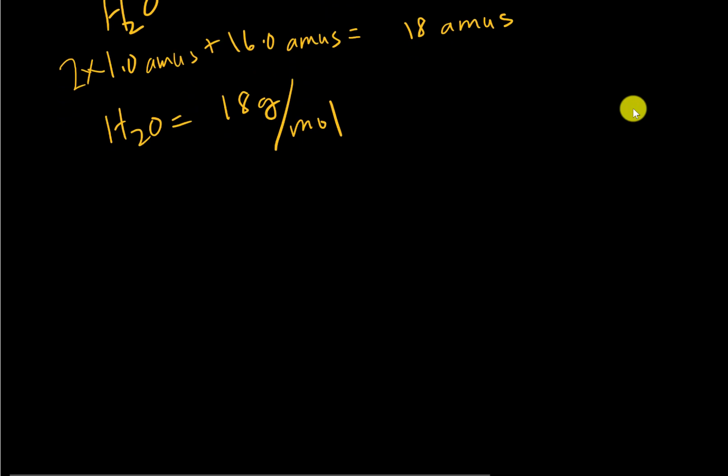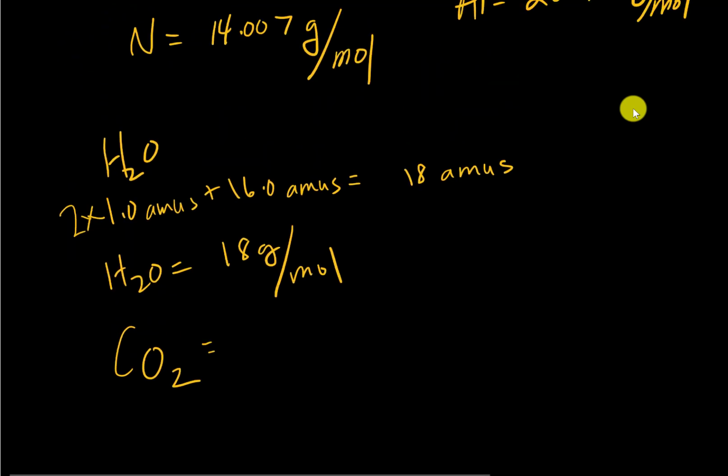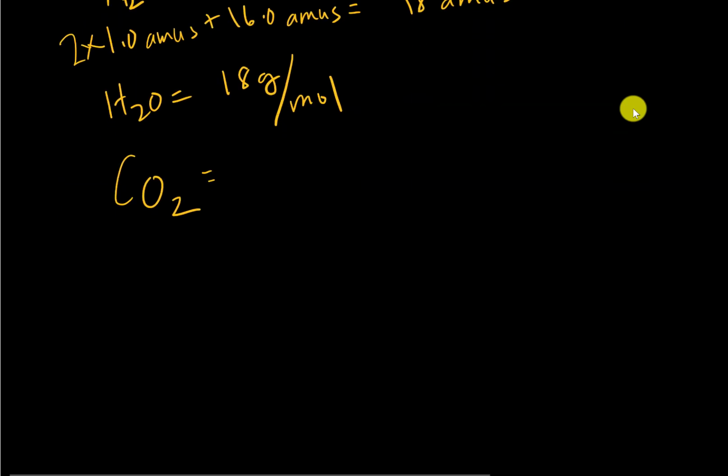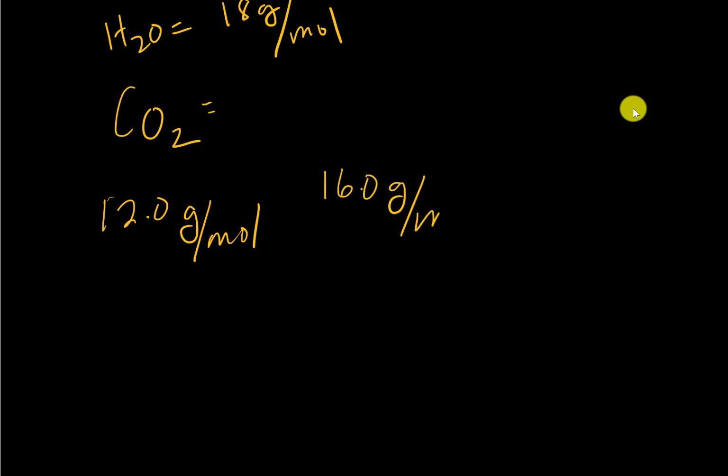Okay, that's the molar mass of water. Now we could look at quite a few different things. Let's look at CO2. And here's what you're going to do in the future: you're not even going to do that part about the AMUs. You're just going to look at the molar mass of each of these. In fact, I know these. Carbon, the molar mass is about 12.0 grams per mole. And oxygen is about 16.0 grams per mole.